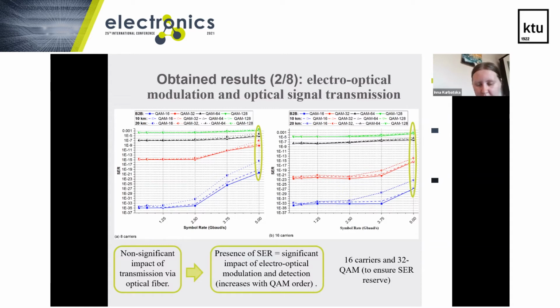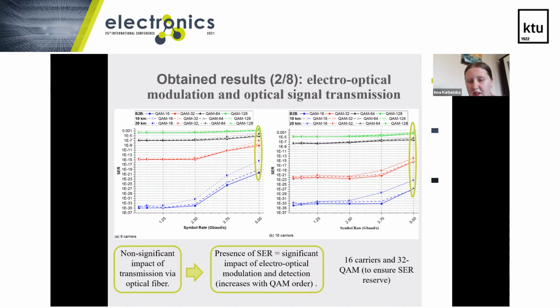From this, we conclude the presence of symbol error ratio, because the electrical signal was ideal. For this case, the symbol error ratio would otherwise be 0, so there were no errors. So we conclude that all symbol error ratio in this case is due to the process of modulation and demodulation.